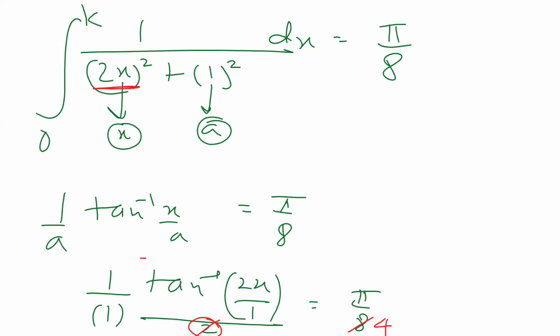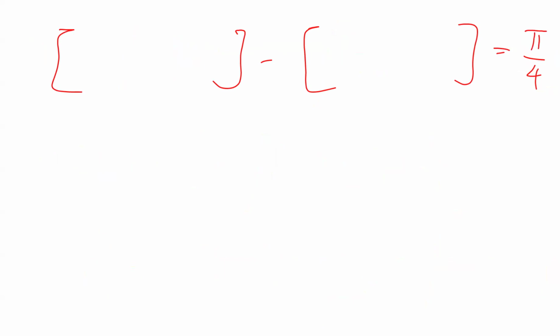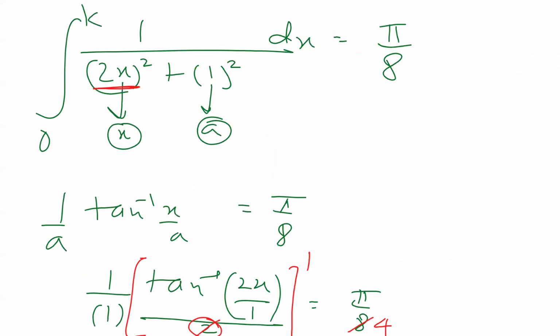So 2 ones are 2, 4s are 8, so pi by 8 times this gives 1 by 2 tan inverse of 2x. But then we have upper limit and lower limit as well, k and 0. So box minus box. This is pi by 4 over here: tan inverse 2k upon 1 minus tan inverse 2 into 0 upon 1.